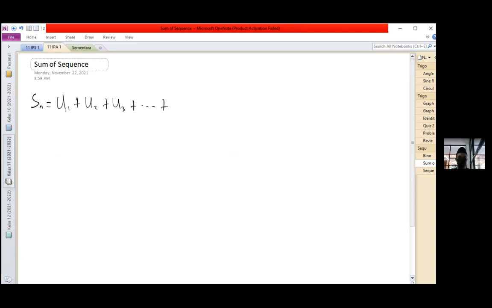So it is the sum of the first n terms, from the first term until the nth term.